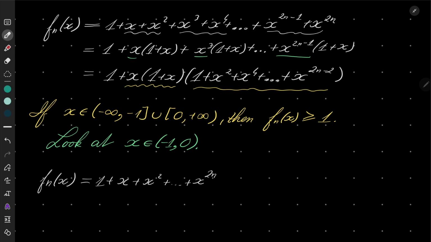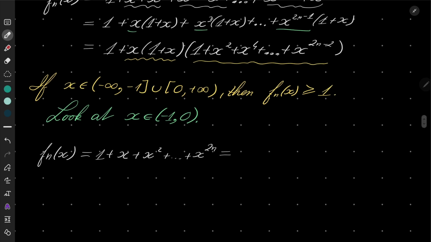And now what I will do, I will apply the formula for the sum of geometric progression. It will be 1 minus x to the power 2n plus 1 over 1 minus x. Okay, and now let's notice something.